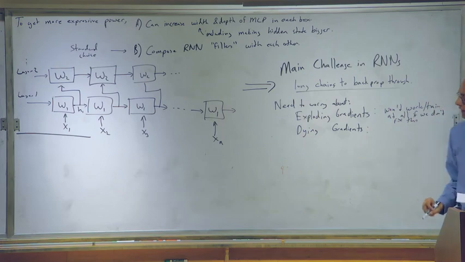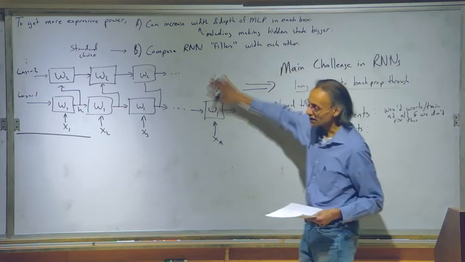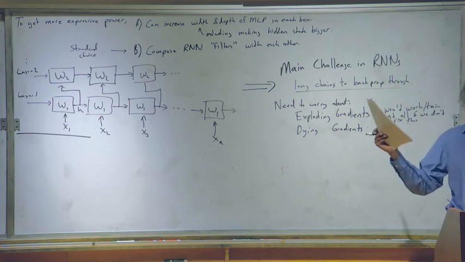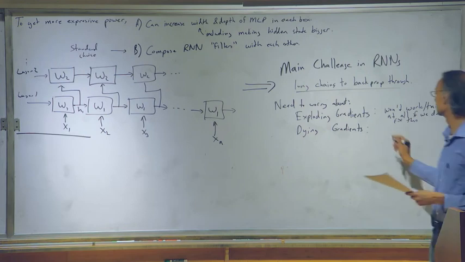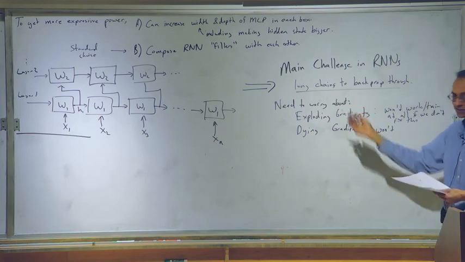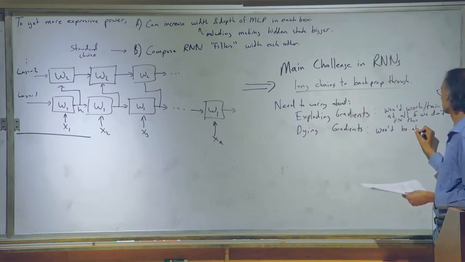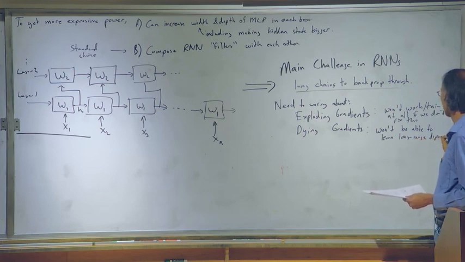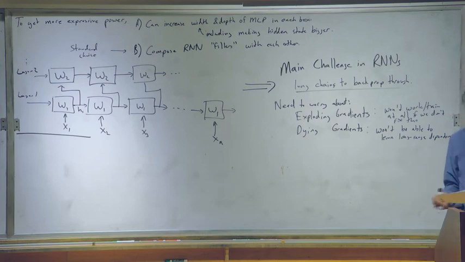Dying gradients means that if you have dying gradients in an RNN, you won't be able to learn long-range dependencies. So dying gradients are actually an inductive bias in this case. You won't be able to learn long-range dependencies in the input. So we have to solve these problems.